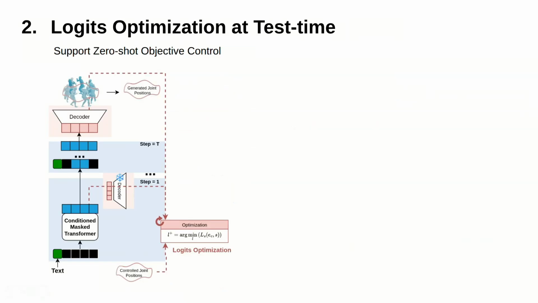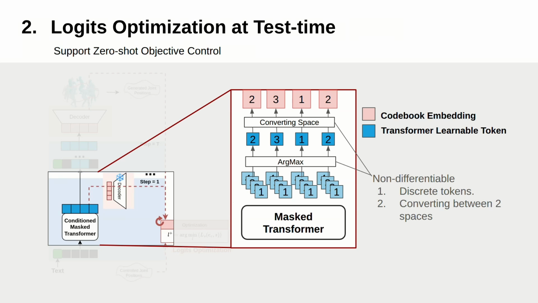The second component is Logits Optimization. A test time optimization applied at each unmasking step. However, we again face the non-differentiability of categorical data. Moreover, we also need to convert between the transformer's learnable token space and the codebook embedding space for reconstruction, then backpropagate gradients back to the transformer's learnable token.